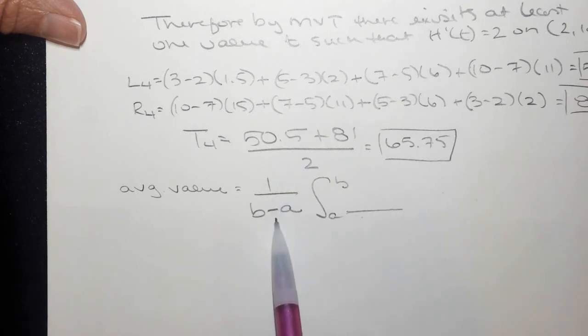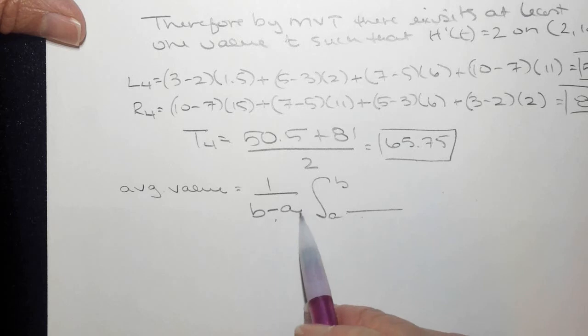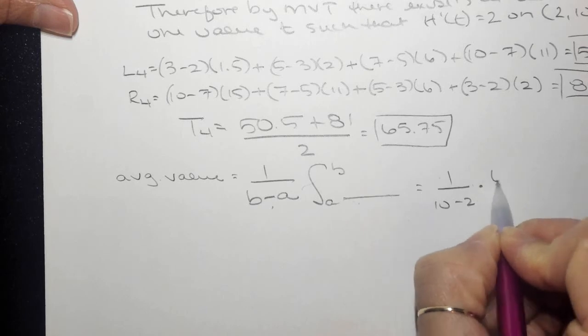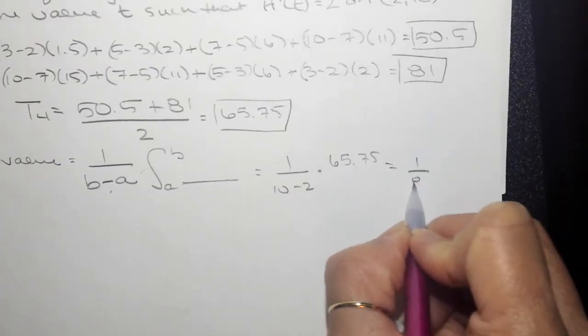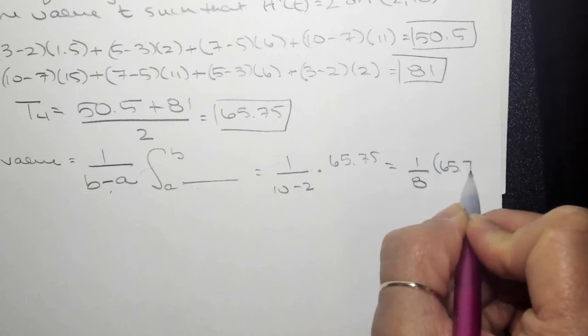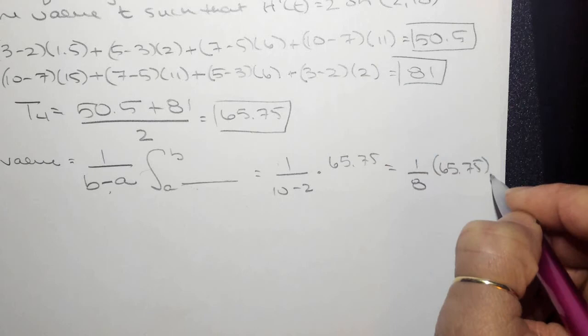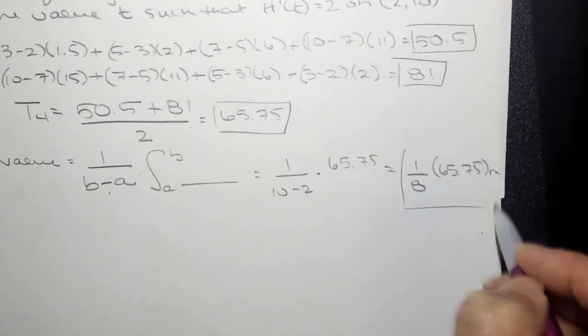So 1 over b minus a is actually going to be the interval from 2 to 10. So this is 1 over 10 minus 2 times 65.75. So this is where we get 1/8 times 65.75, or this over 8. And remember, this is in meters. Okay?